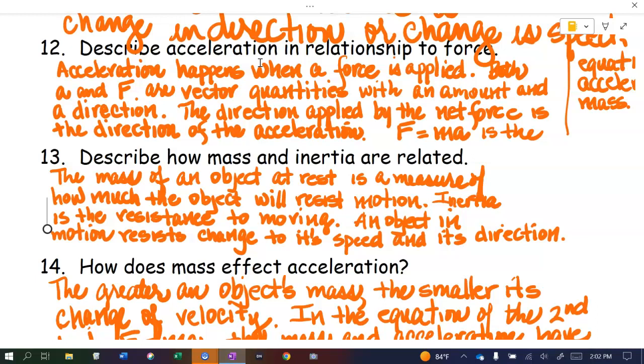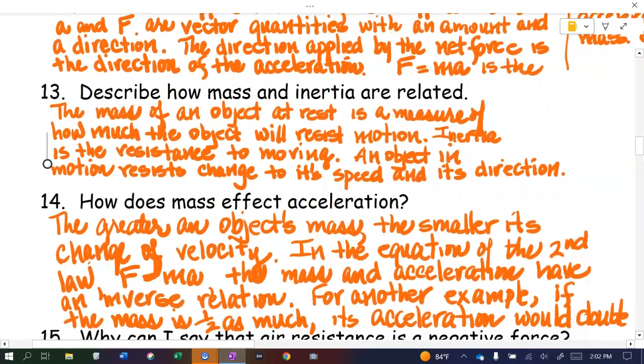An object in motion resists change to its speed and its direction. And so the mass is essentially involved in the inertia of both an object that is still at rest or an object in motion.